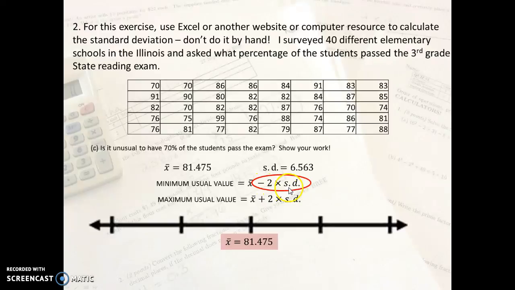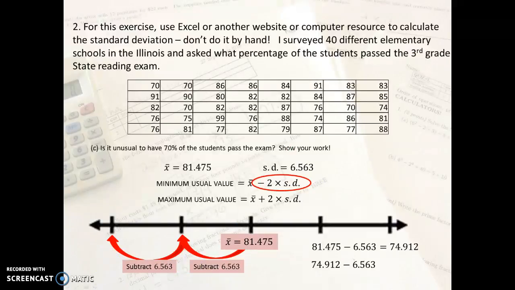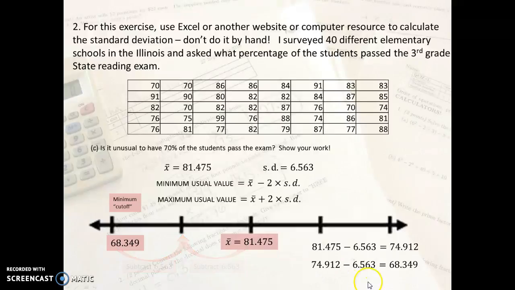How much? By the standard deviation. That's where it comes into play. You go down by that much. Do a calculation once, do a calculation twice, and that tells me my cutoff, my minimum usual value, is 68.349. Everything below it is definitely unusual.